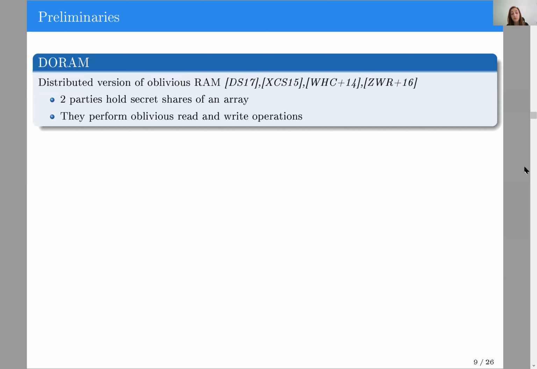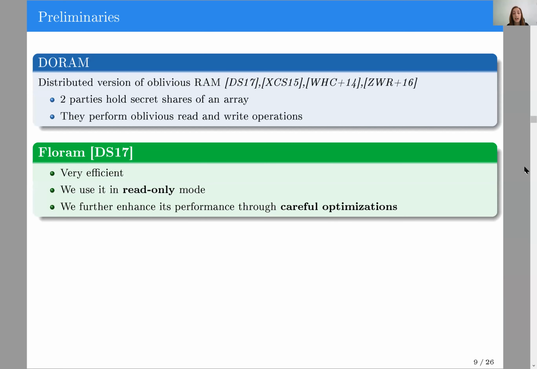And for DORAM, we decided to choose quite a new scheme proposed in 2017 by Doerner and shelat, which is called FLORAM. So FLORAM is a distributed DORAM scheme, very efficient, as all the DORAMs can perform read and write operations, but in our construction, we're going to just need it in the read-only mode. And when we implement it, we add some careful optimizations in order to make it more efficient for our computations.